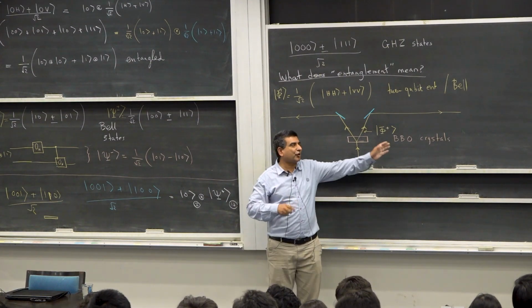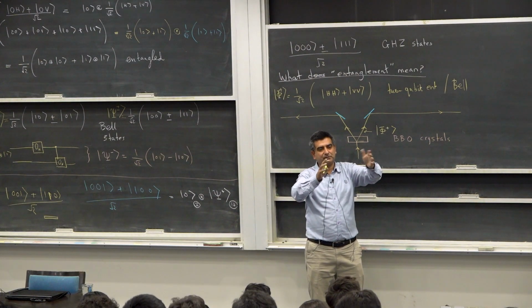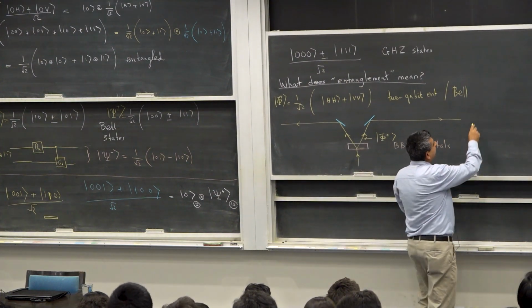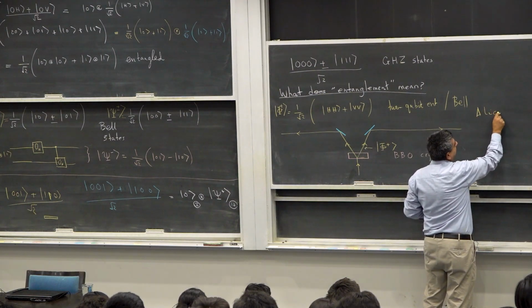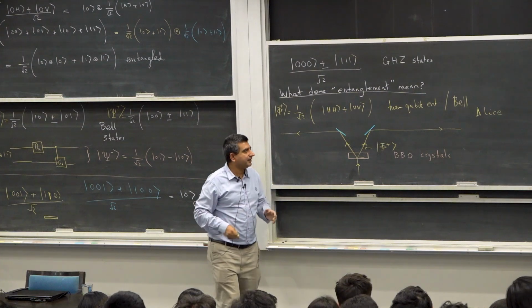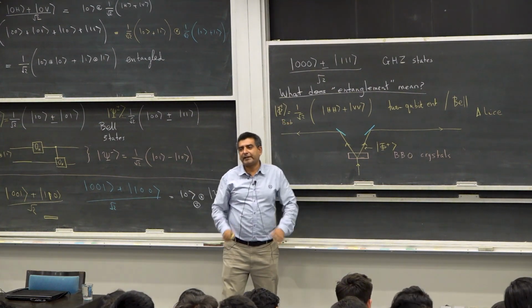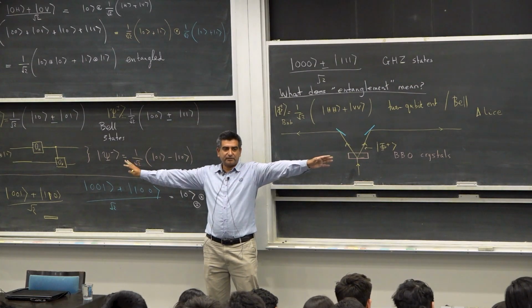So now one photon goes to one party. Let's call this party Alice. This is convention in quantum information science. The other party is called Bob. And Alice and Bob can be really, really far apart.